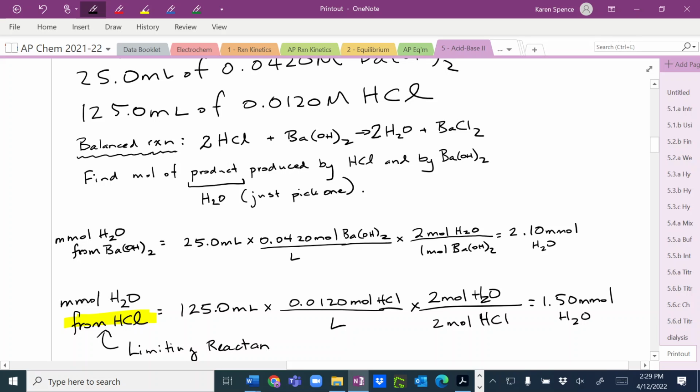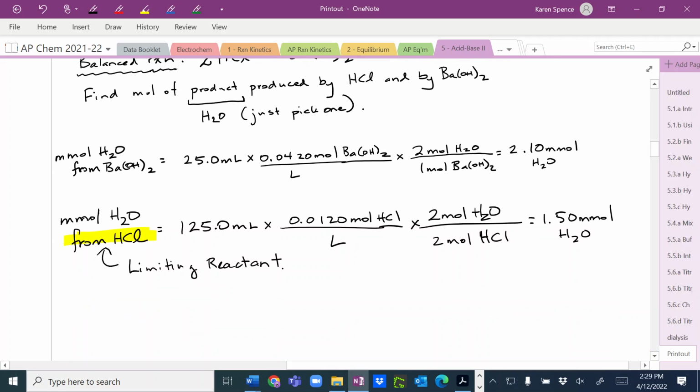So we will use up all of the HCl, and we will have some of the Ba(OH)2 left over. Yes? So how are we going to figure out how much Ba(OH)2 is left over? We need to find out how much Ba(OH)2 is used up. What are we going to start with there?